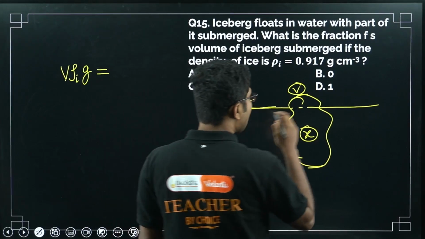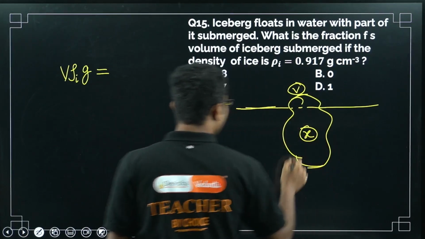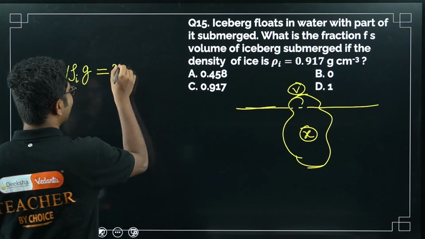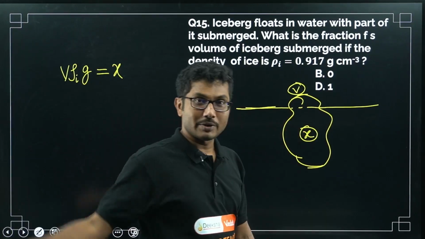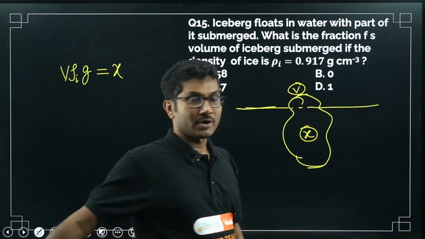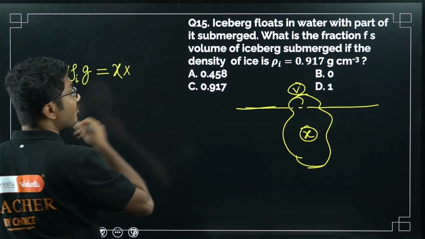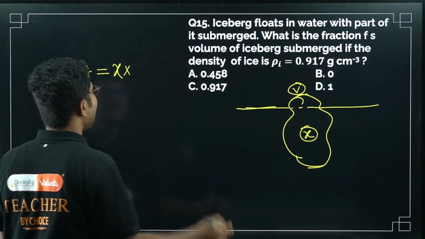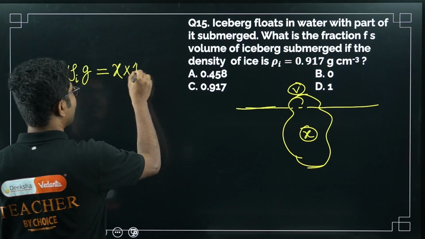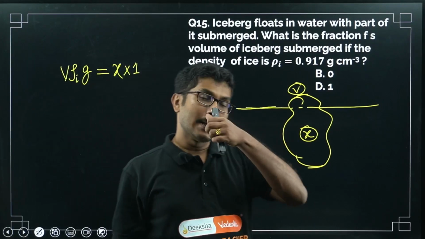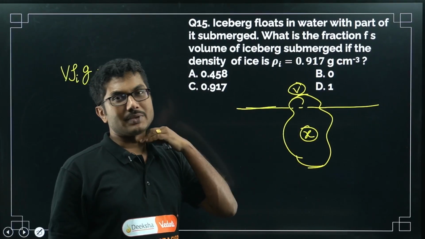How much liquid is displaced? X, because X is submerged in the water, so exactly the same amount of liquid will be displaced. Now what is the density of water? Here we have an advantage, the density of water is 1. If it was any other liquid, it would have been a different answer.